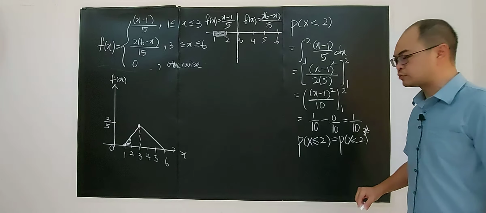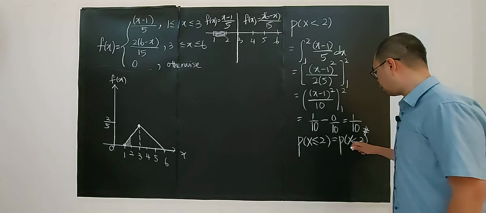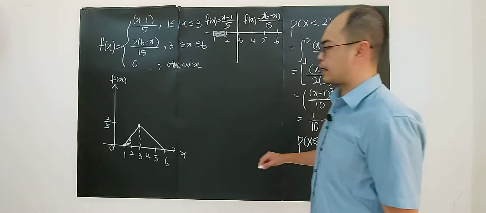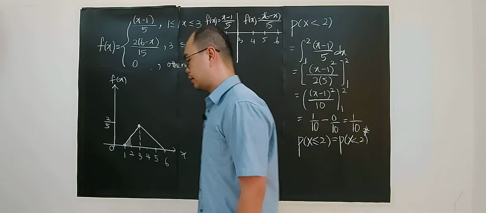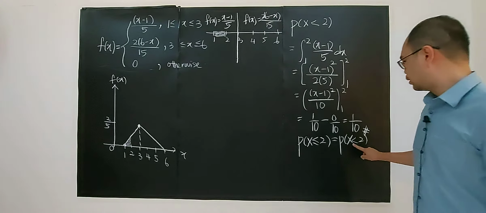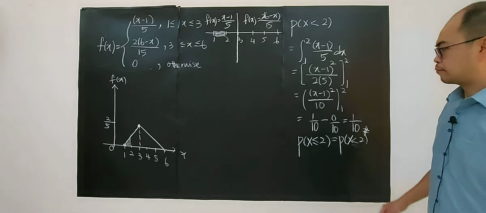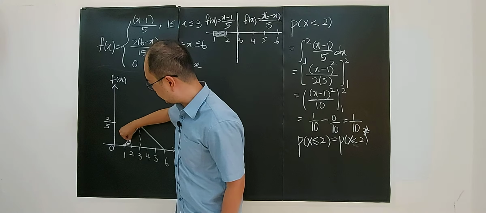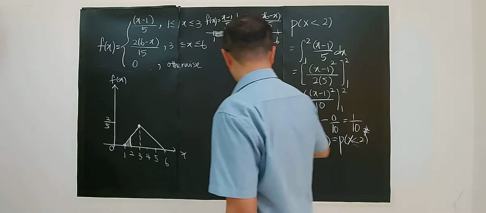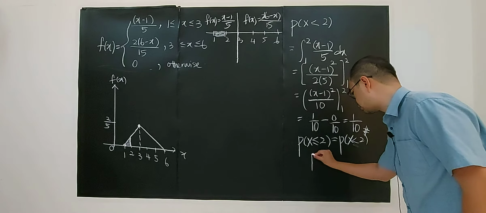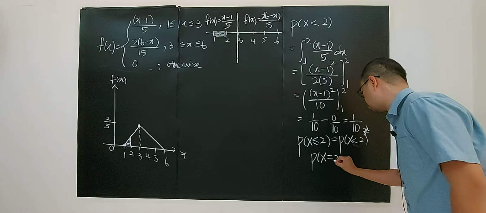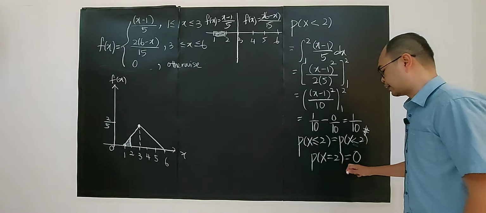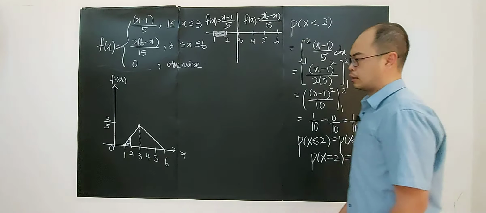For a continuous random variable, with or without the equal sign, they represent the same thing, the area under the graph, because there is no probability under a line. So if I said P(x equals 2), the probability will be 0.